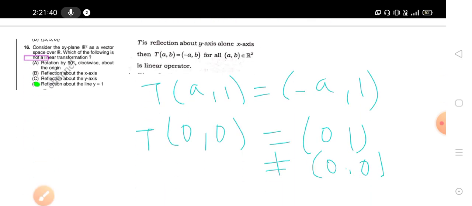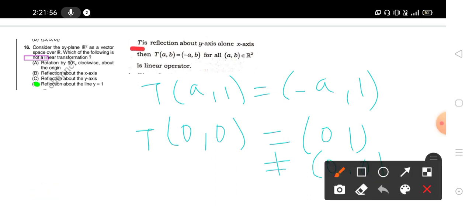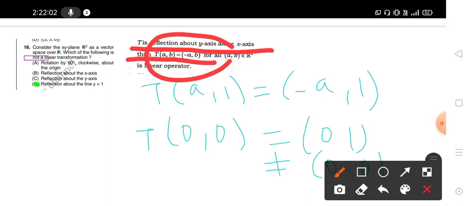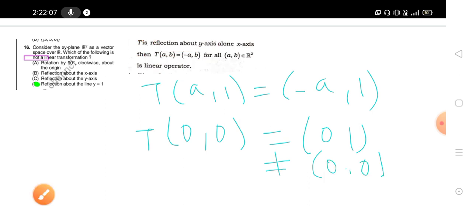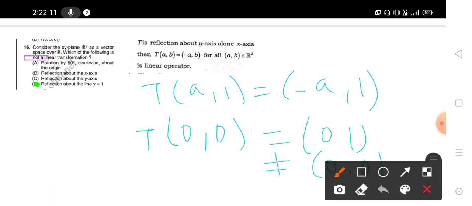Next question. Consider the xy plane R2 as a vector space over R. Which of the following is not a linear transformation? First of all, check for (0, 0). What is the reflection? If T is a reflection about the y-axis along the x-axis, then T of (a, b) equal to (minus a, b). This is for reflection, for all (a, b) belonging to R2, and it is a linear operator. Now check for option D, a reflection about the line y equal to 1.